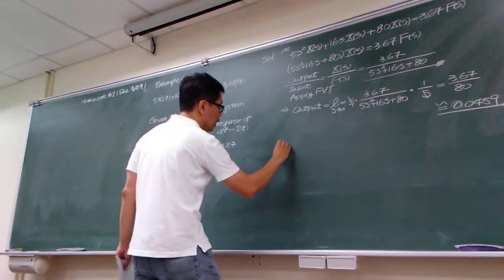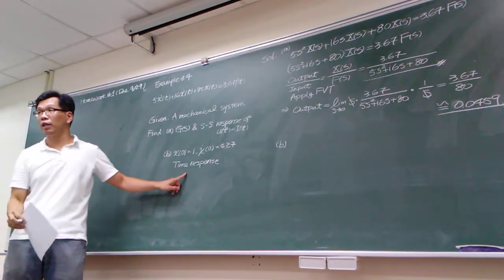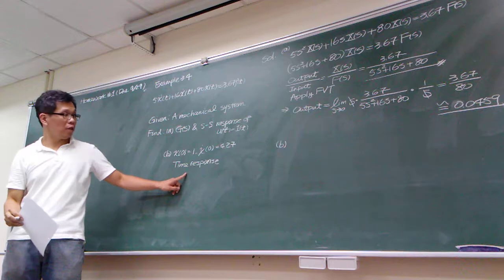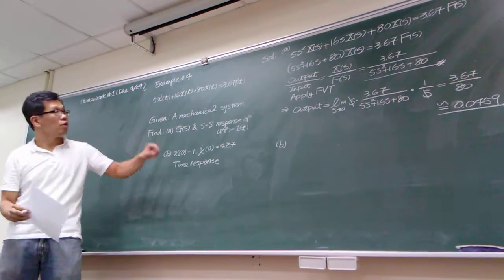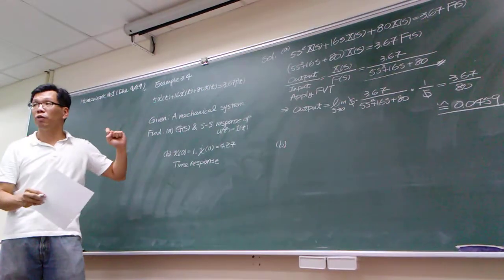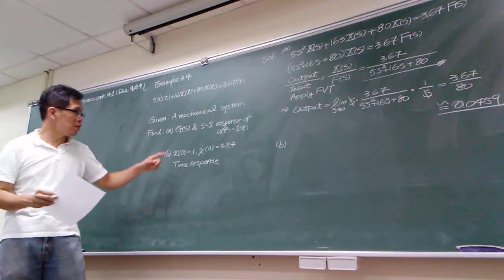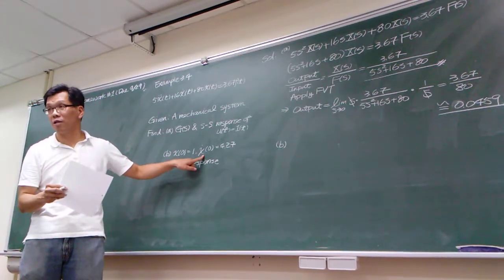What is part B? This time, I do not have any input. The input is going to be 0. So this part is going to be 0. But instead, I'm going to have initial conditions, which means my x0 and x dot 0 are not zeros.